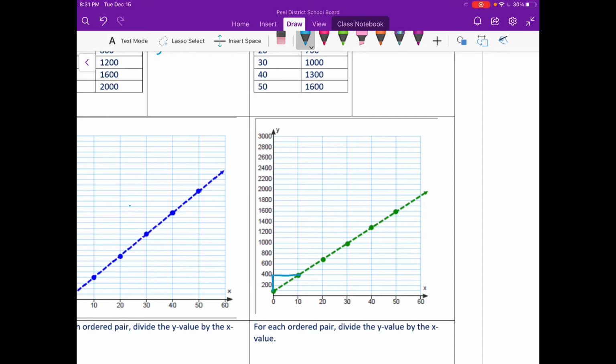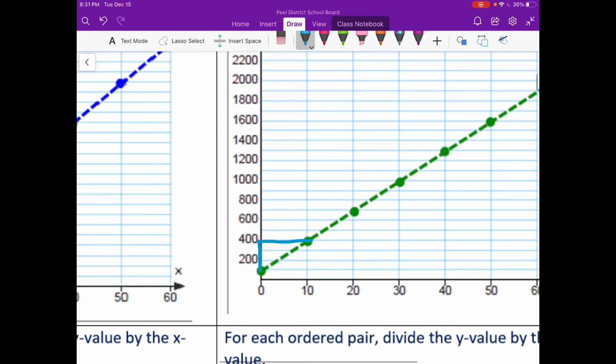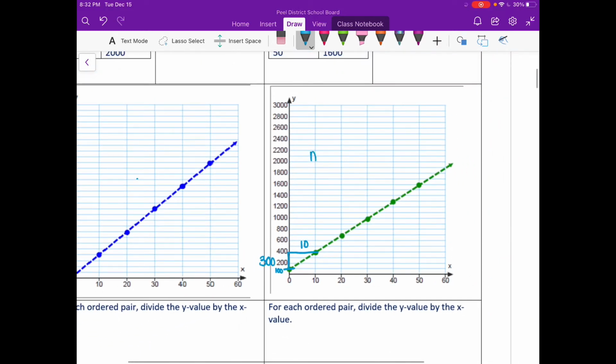I'm going from 100 to 400, so my rise is 300. My run is still 10. So the slope is m equals rise over run, 300 over 10, which equals 30.